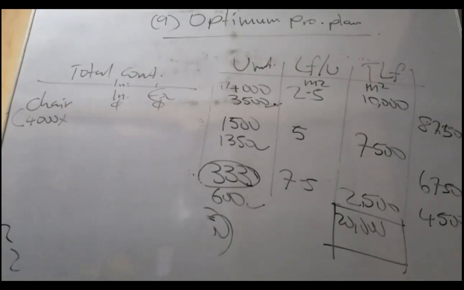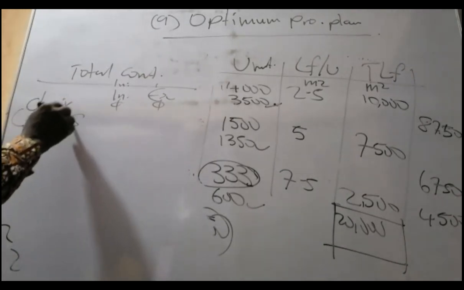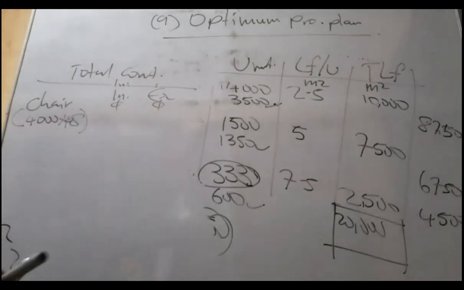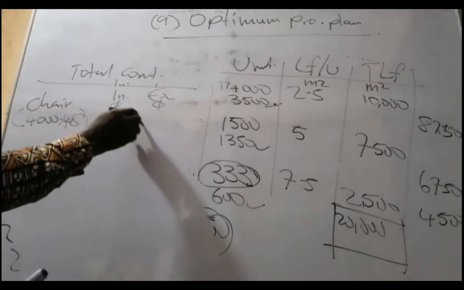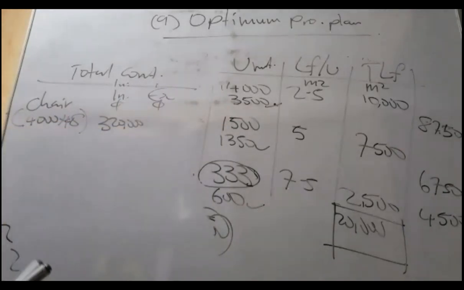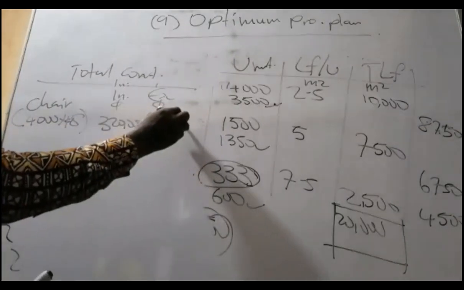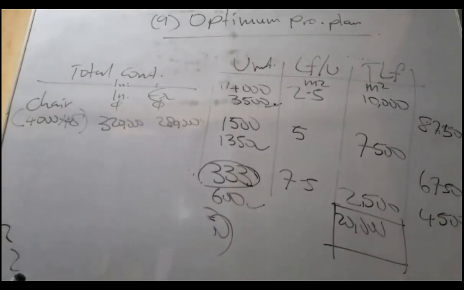Contribution per unit was 8. So 4,000 times 8 will give us 32,000. If I choose the 3,500, that will be 3,500 times 8, which is 28,000.